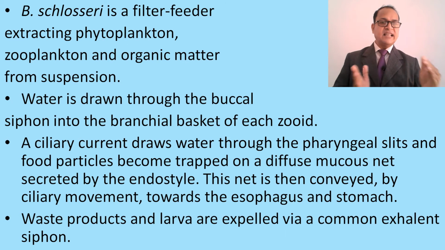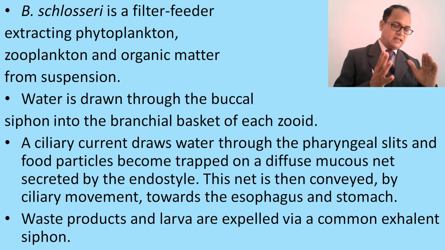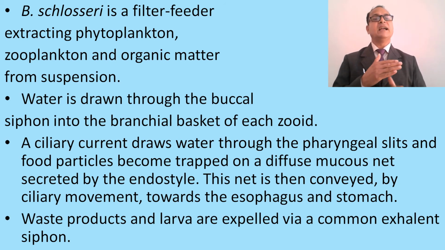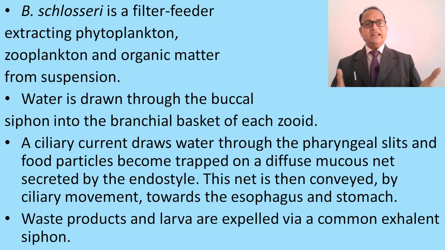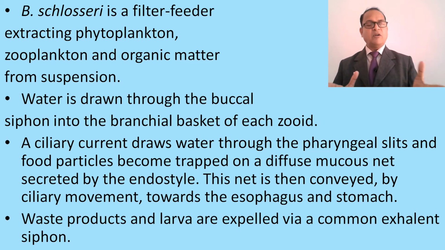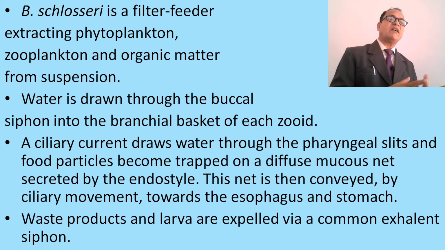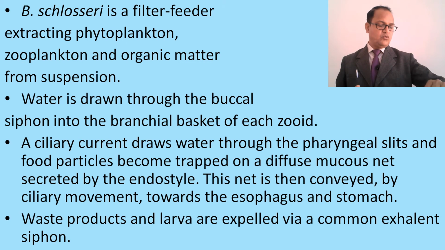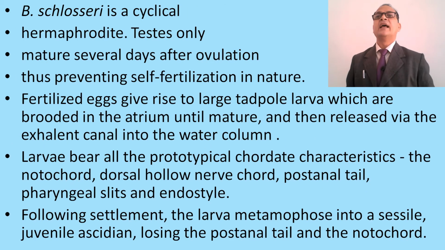This net is then conveyed by ciliary movement towards the esophagus and into the stomach, ultimately for digestion and absorption. Absorption in the intestine is found in the intestinal region. Waste products and larvae are expelled out through the atriopore to the outside by the excurrent siphon.